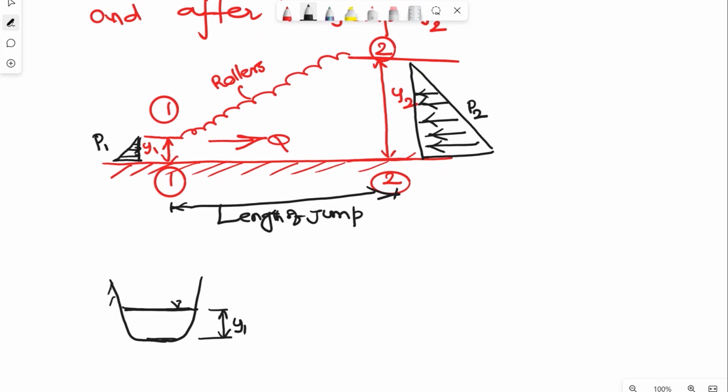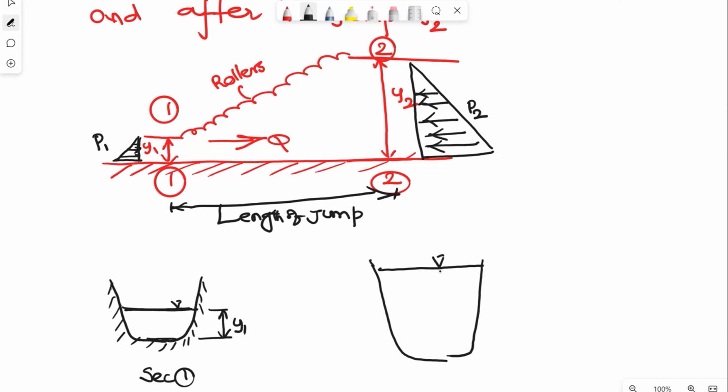This is all channel, so this is section 1. And here at section 2, this is y2, right?